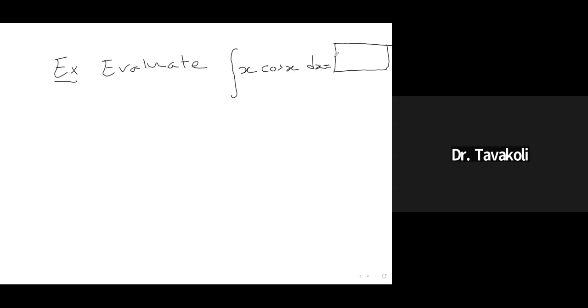That's where integration by parts comes into play. So let me rewrite this integral one more time: the integral of x cosine x dx. And you will see how by using integration by parts, this is going to be solvable.